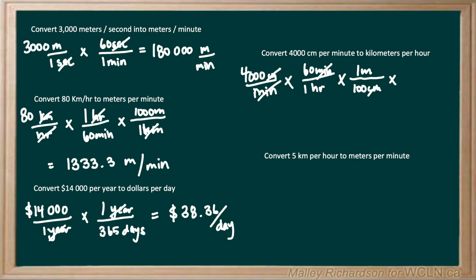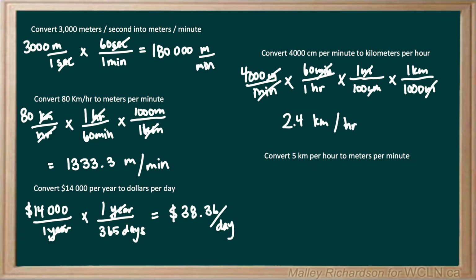So there are 1,000 meters in 1 kilometer, so we'll multiply this by 1 kilometer over 1,000 meters. The units of meters cancel out, and we're left with the units of kilometers per hour. So now all we have to do is 4,000 times 60, divide by 100, divide by 1,000, to give us a final answer of 2.4 kilometers per hour.